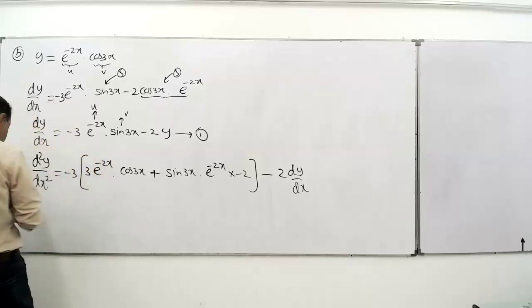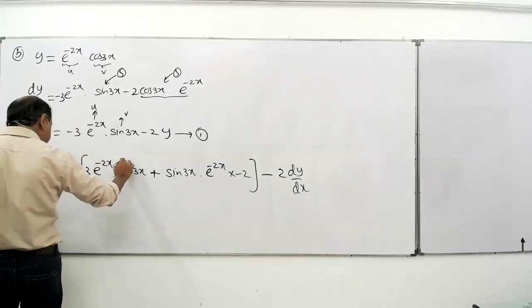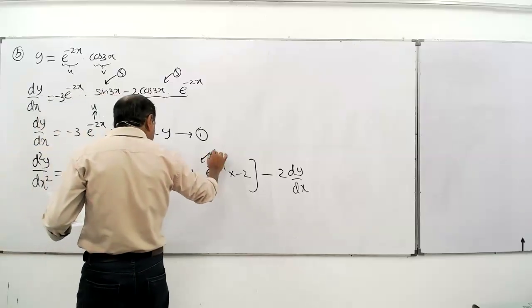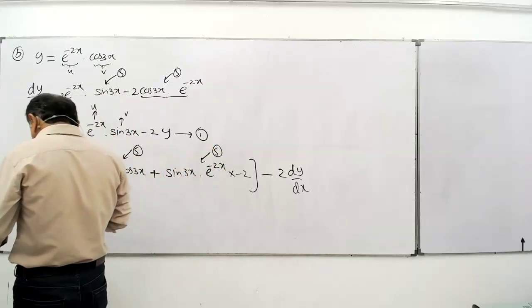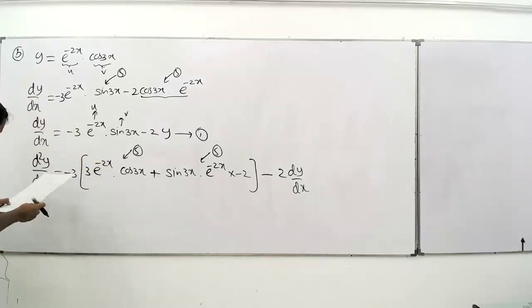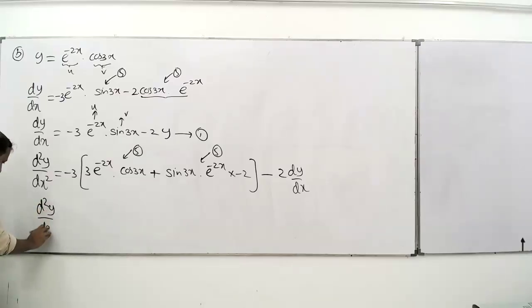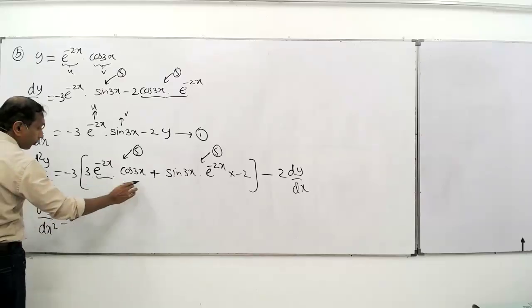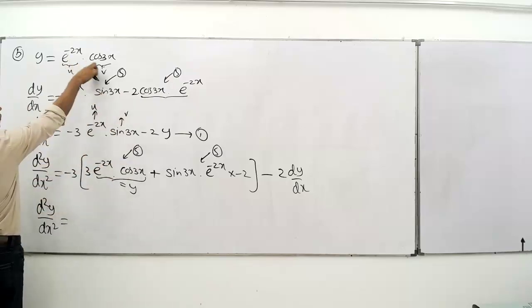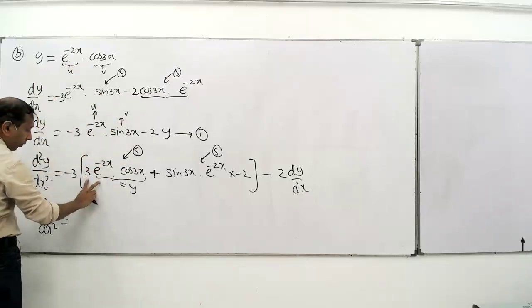For this, you get 5 marks, and this also gets 5 marks. Now, by simplifying this, you can get the answer. The second derivative d2y over dx2: e to the power minus 2x cos 3x here is y, so here we have 3y.